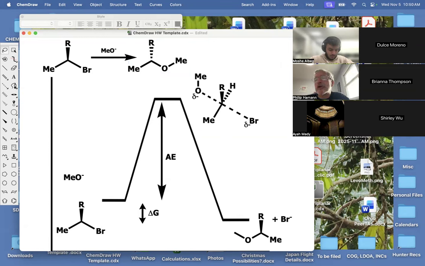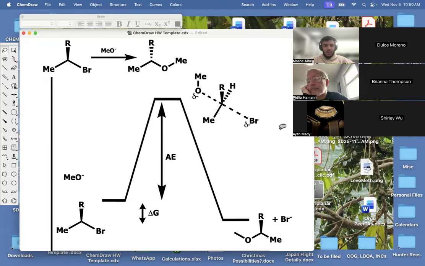Okay, Moshe, your hand is still up. You still have a question? Yeah, Dr. Hammond. I was just wondering, we were looking at the SN1 energy chart too, and you were mentioning the stereochemistry. I know that there's a near racemic mixture of inversion and retention of the stereochemistry for SN1.